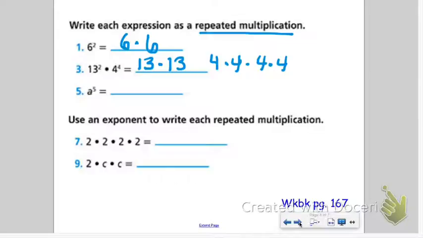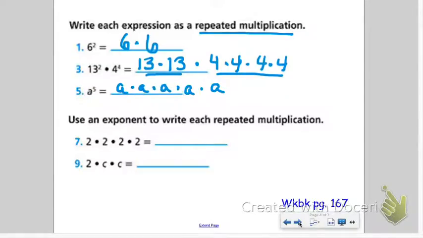And because we're doing 13 to the second power times 4 to the fourth power, we need to have a multiplication sign in between them. And number 5, a to the fifth power. a is going to be our factor 5 times. a times a times a times a times a. So it will look like that.